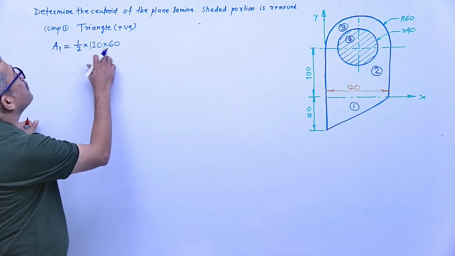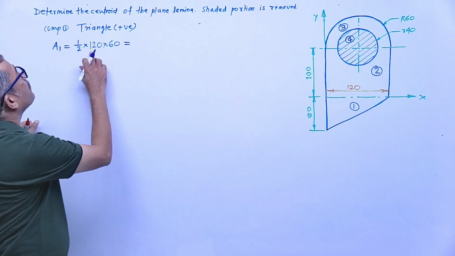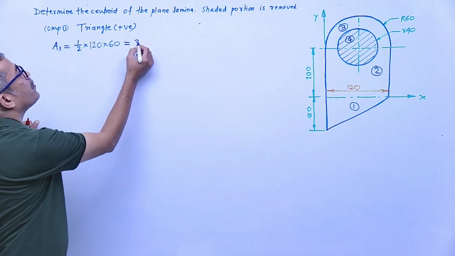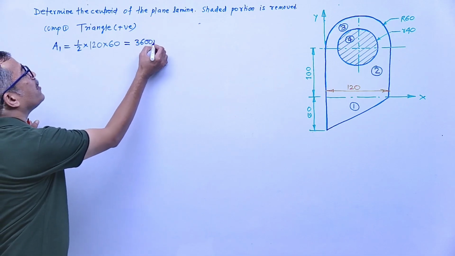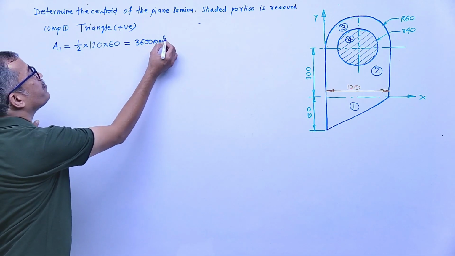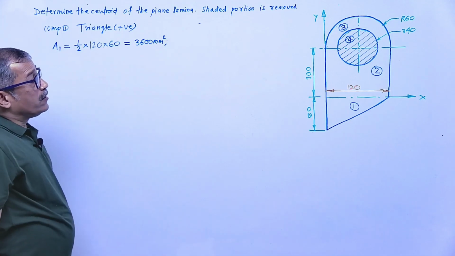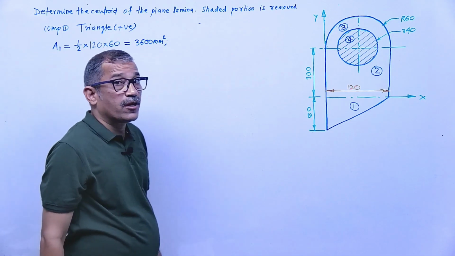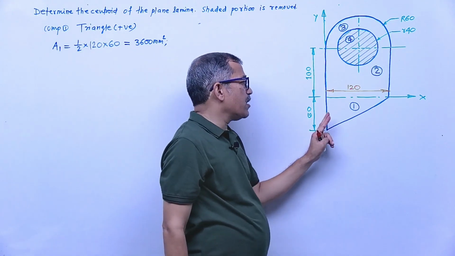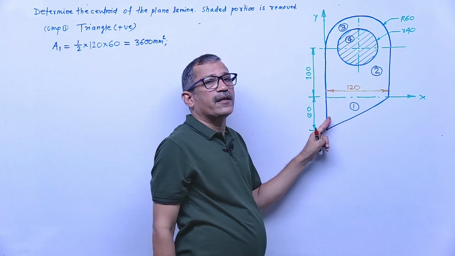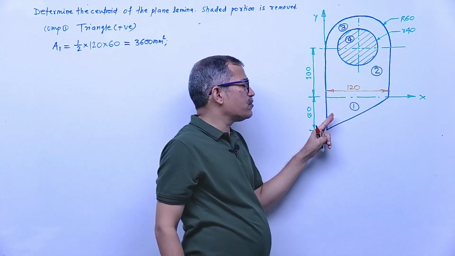That means A1 is half into 120 into 60, which is 3600 mm square. Correct? Now how will we represent the position of the centroid? Always keep in mind, whenever there is a right angle triangular lamina, most students make mistakes.